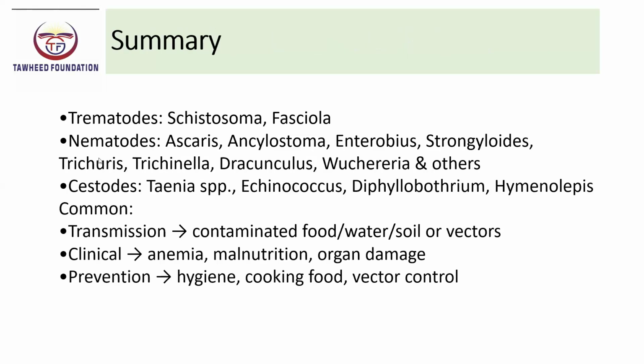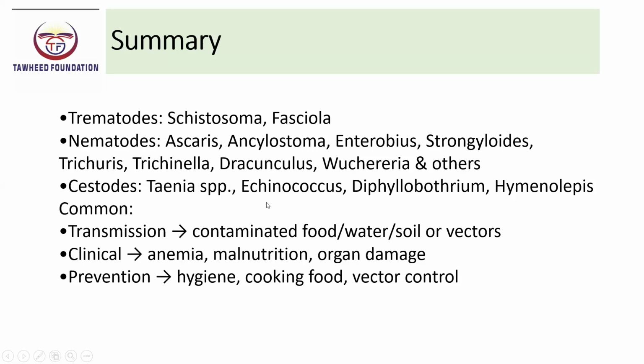So, summary. In today's class we learned about trematodes, that is Schistosoma and Fasciola. Nematodes include Ascaris, hookworms, Enterobius, Strongyloides, Trichuris, Trichinella, Dracunculus, Wuchereria, and other types of nematodes.